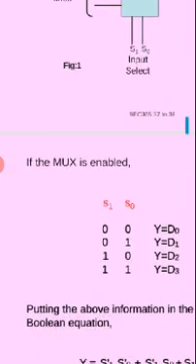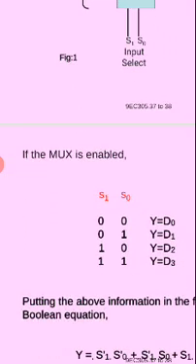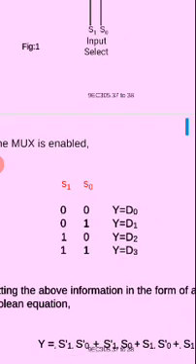If the mux is enabled, for two select lines S1 and S0, we get the combinations 0 0, 0 1, 1 0, 1 1.